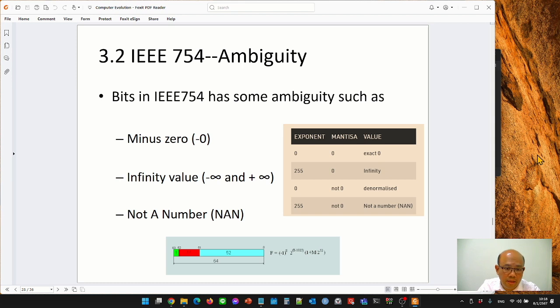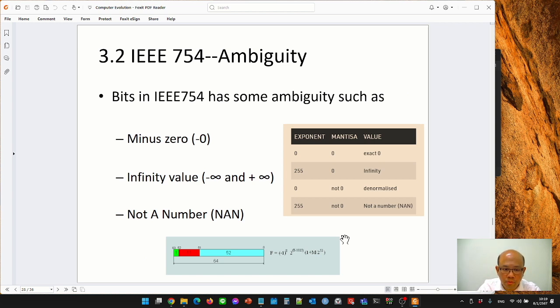The infinity value also causes problems and generates NaN, meaning not a number. Infinity and NaN have effects on the computer system.